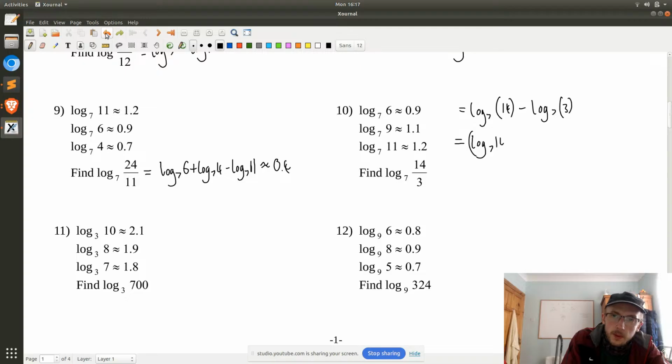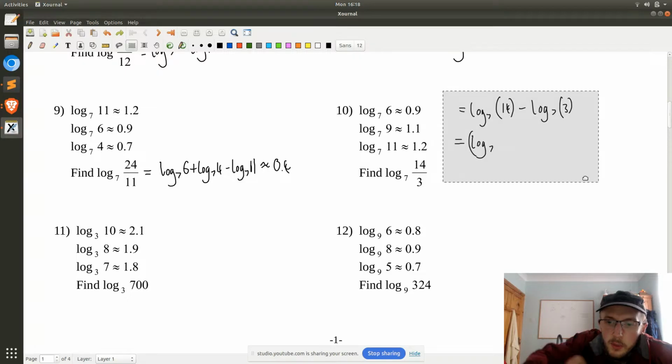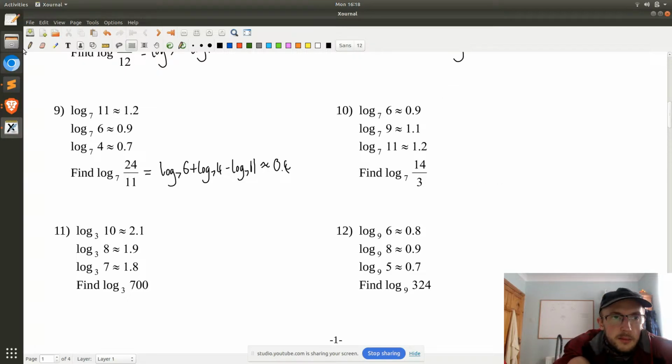No. Okay. I was doing better before when I had it all multiplied by 3.